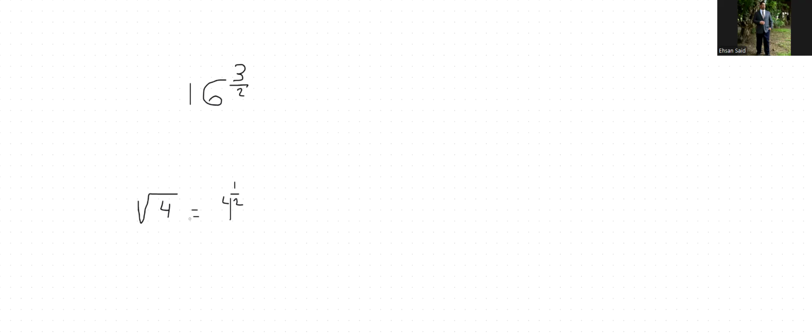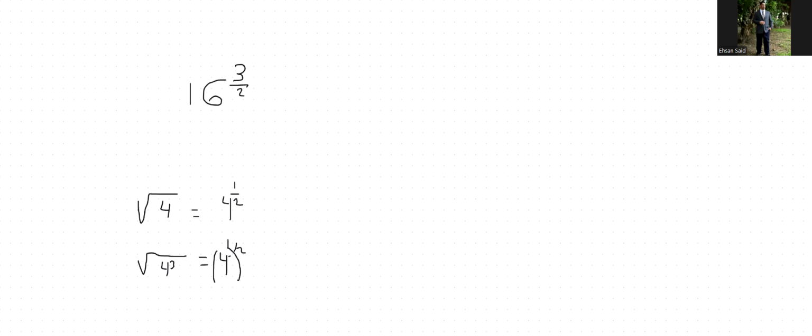Now, if I had something like this, for example, 4 to the third power inside that square root, that will be written as, remember, this is a half, right? However, I'm going to put parentheses here because remember there's a third power inside.